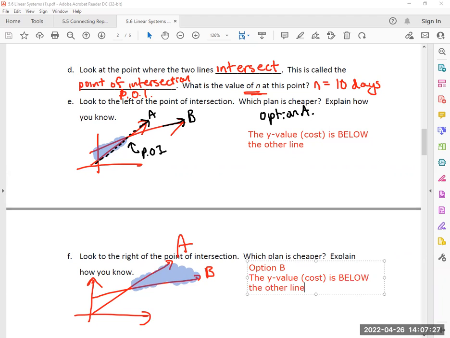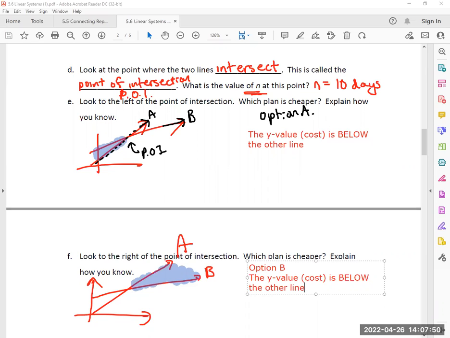And this is where Ryan comes in because he answered G already. Find the cost of both plans at that point of intersection. 500. What does that mean? What's the significance? Why do we even care? What's so special about the point of intersection?